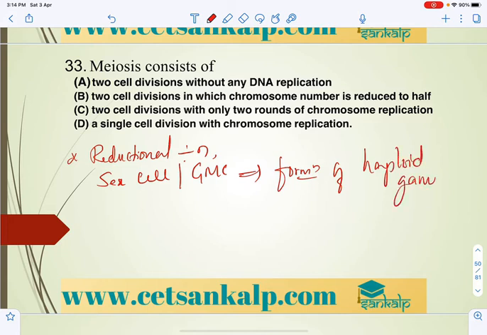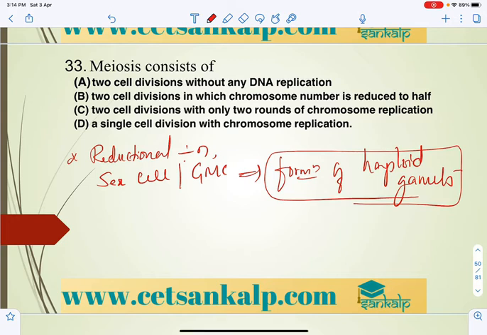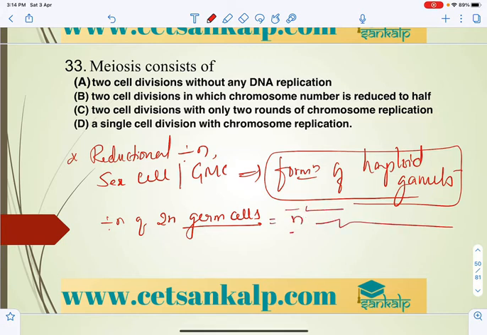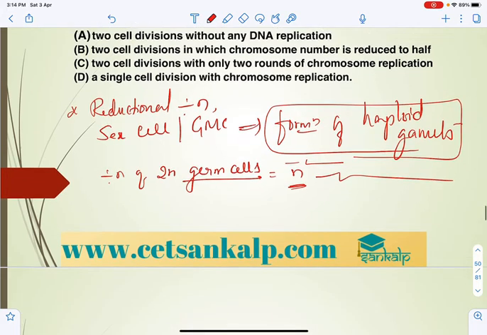In almost all organisms, haploid gametes are produced through meiosis. We can define it as a division of diploid germ cells, the sex cells, which leads to the formation of haploid gametes. This occurs during gametogenesis.